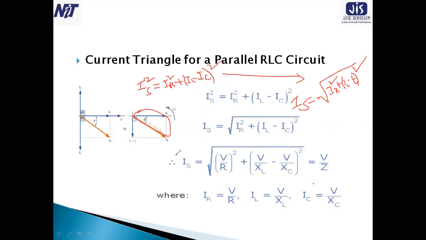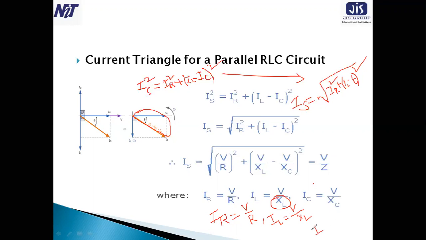Now we all know that using Ohm's law we can find that the current flowing through the resistor is IR. If it is IR, then this should be, as per Ohm's law, V by R. If the current flowing through the inductor is IL, then this should be V by XL, supply voltage divided by inductive reactance, where XL is the inductive reactance.